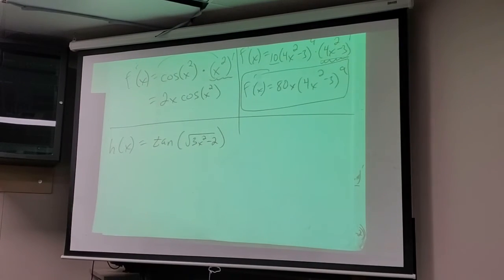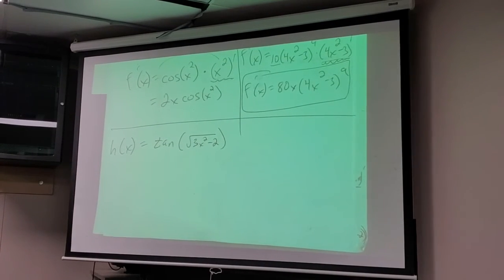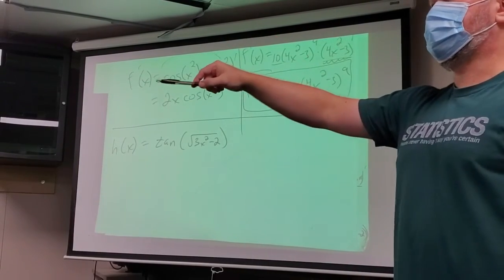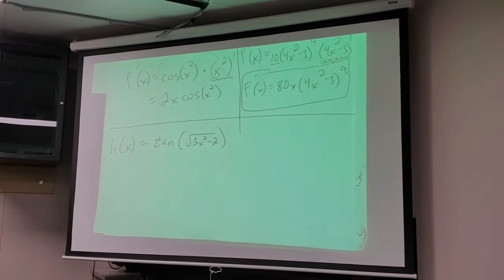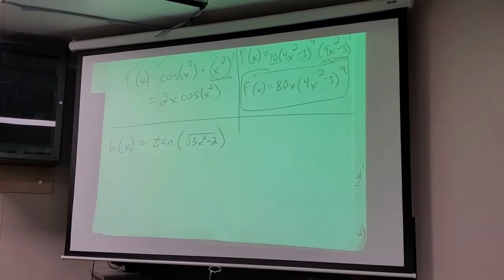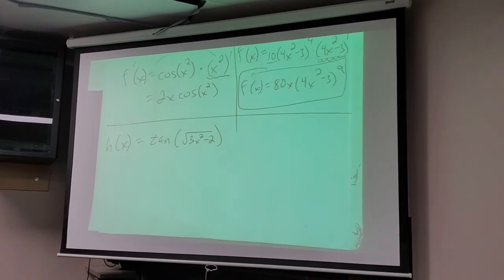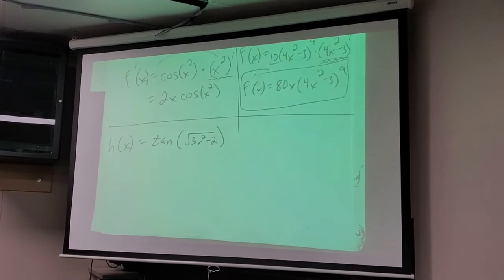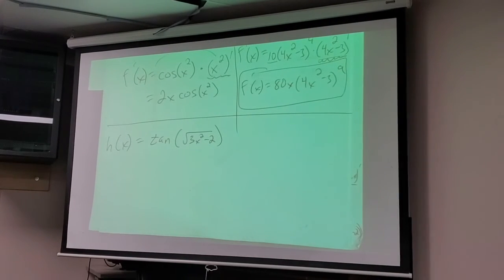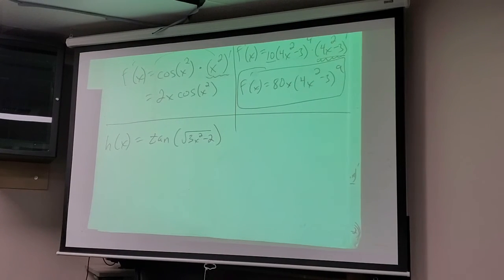You see how this qualifies as a function inside of a function inside of a function, right? Do you even have to know that going in? No, you don't need to. There's an outside function which is tangent, and there is an inside function which is the square root of stuff, right? That's all I have to worry about at first. You don't have to know ahead of time how many chain rules you have to use. There's no reason to know that ahead of time.